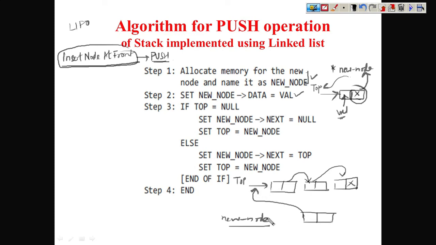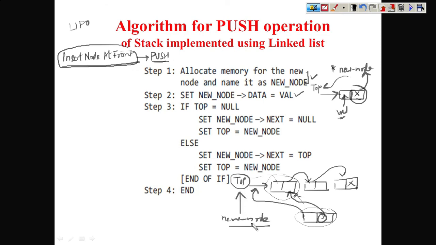Now what is required? This is only possible when you are able to connect this node to this node. Means this node should become the second node. So what is required? Set new node next equal to top. So now top is actually holding the address of this node. So if you write this value here, that means now this will point to this node, and set top equal to new node, and to top you will assign this address.